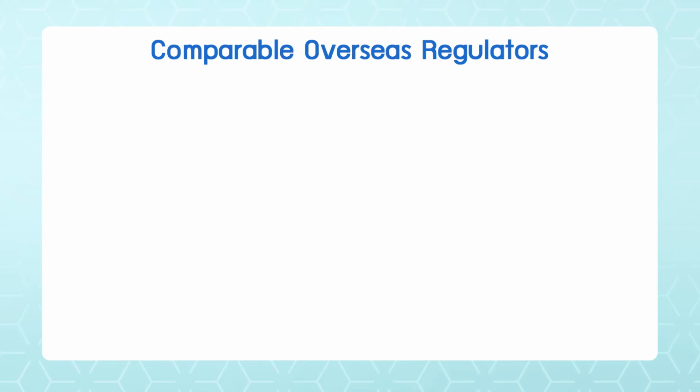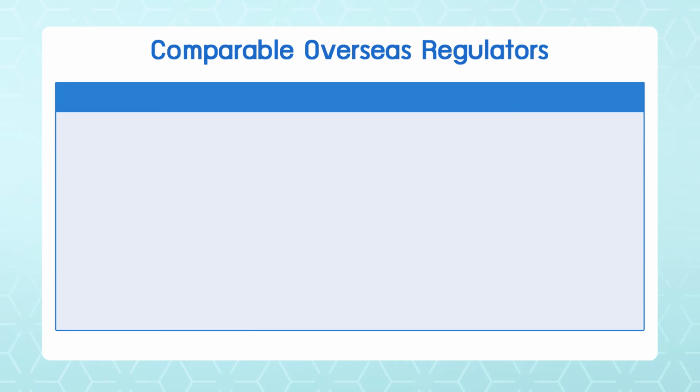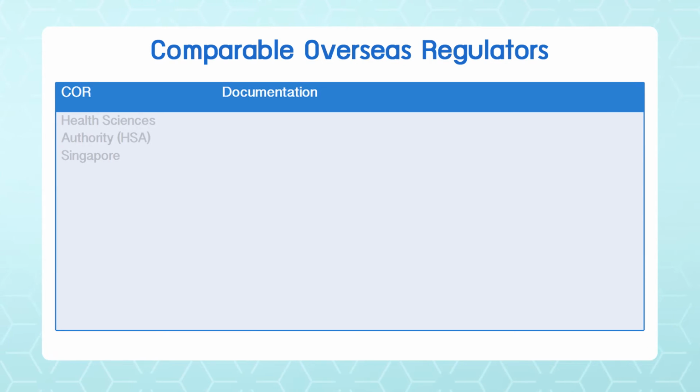Just to give an example, suppose your product is registered in Singapore and you would like to register in Australia, assuming that you already have the GMP approval from the TGA.